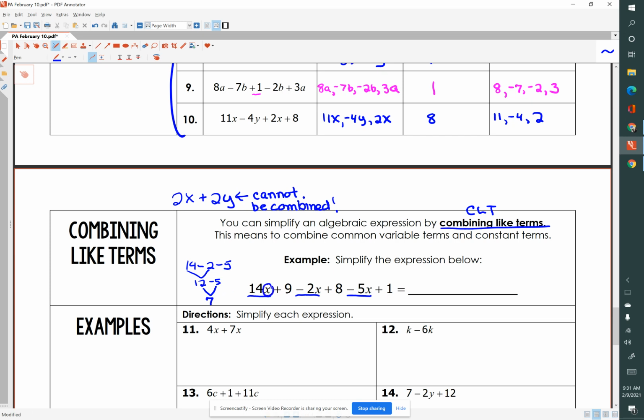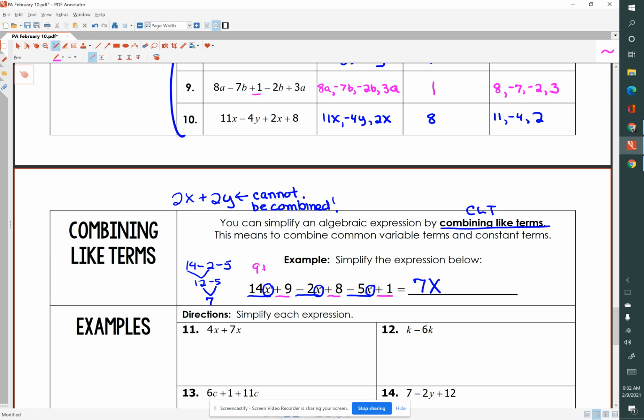These are like terms because they all have x. So when we combine those three terms, we have 7x. Now let's look at the constants. We have a 9, an 8, and a 1, and those are all positive.